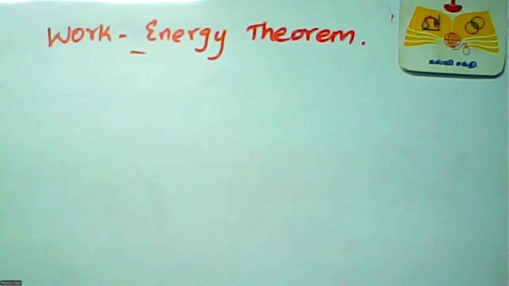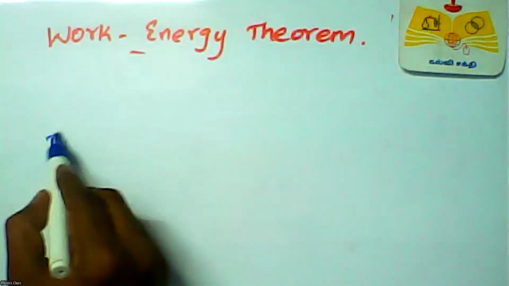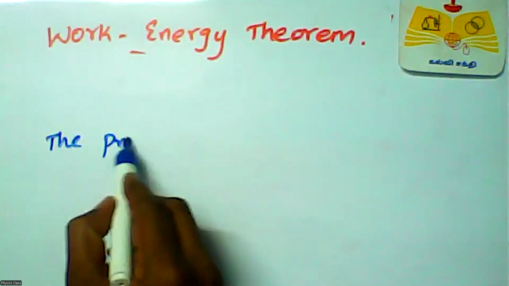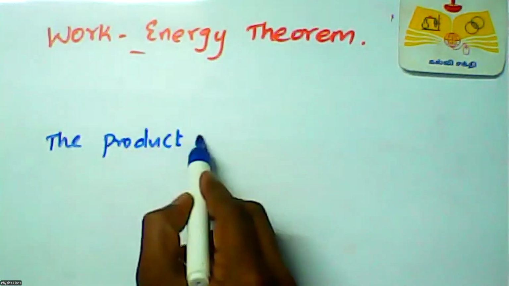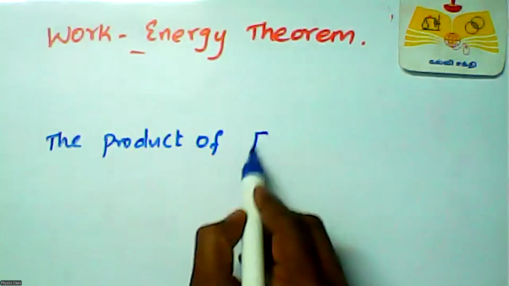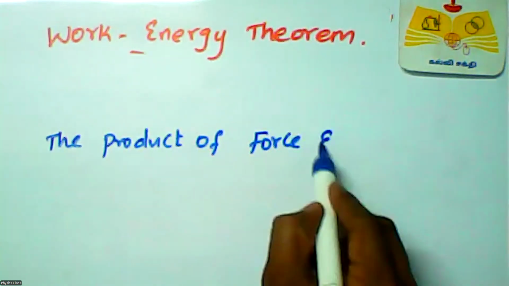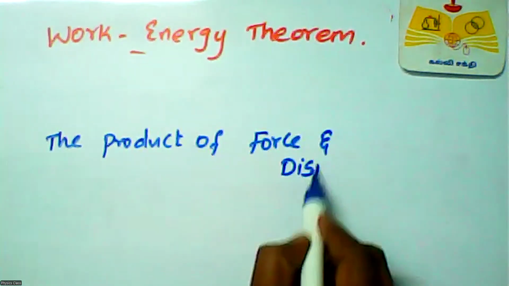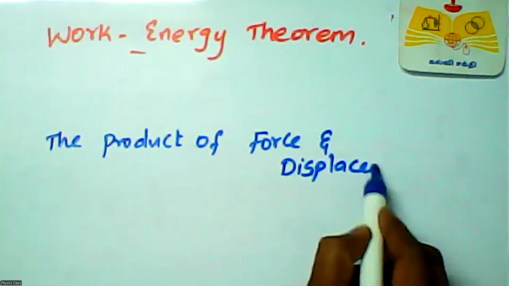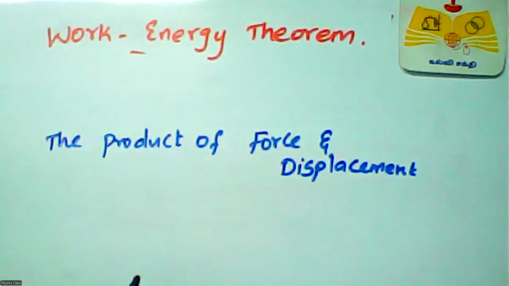So the product of force and displacement is called work done. That displacement means the magnitude of the displacement.